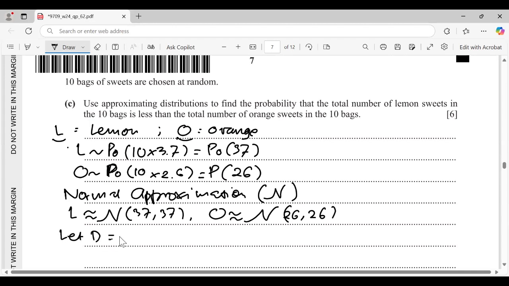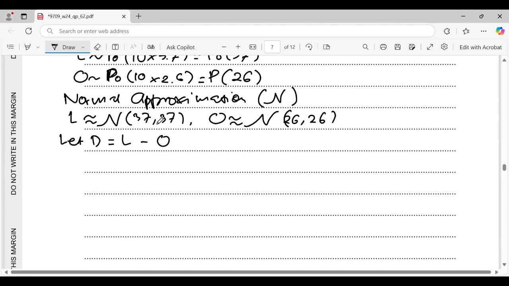Let D equal L minus O, lemon minus orange. Then using properties of the normal distribution, mu D equals 37 minus 26, which is 11.